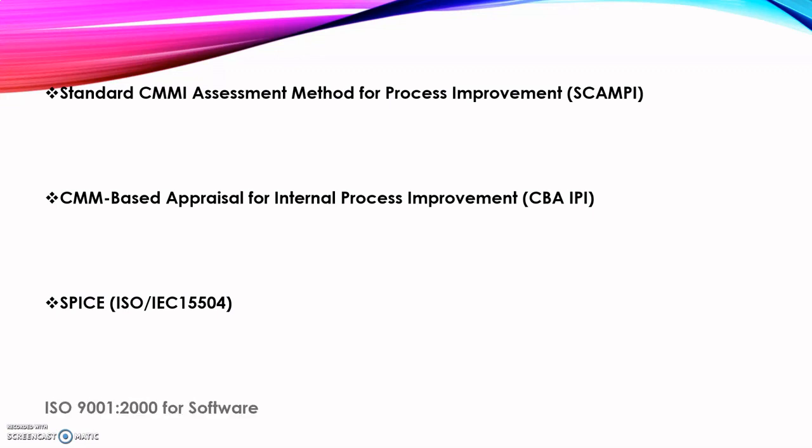Next standard is ISO 9001-2000 for software. So many are familiar with the word ISO, right? So let's see what this standard is up to. This is a generic standard that applies to any organization that wants to improve the overall quality of the products, systems, or services that it provides. Therefore, the standard is directly applicable to software organizations and companies.